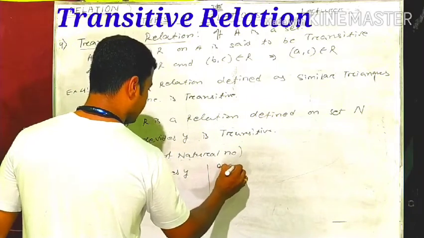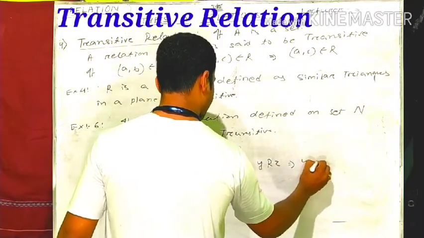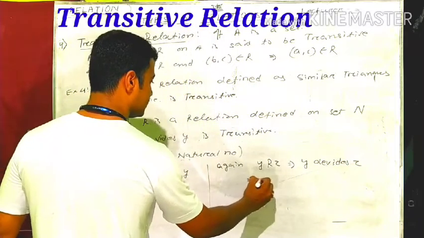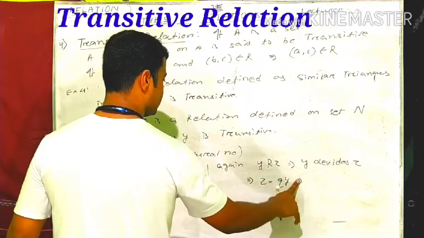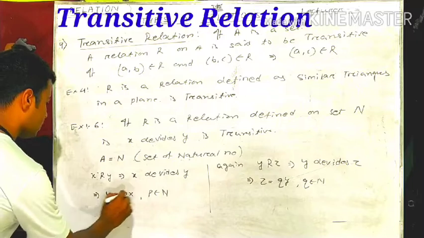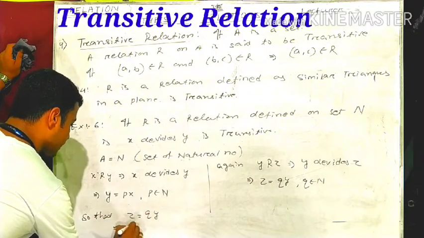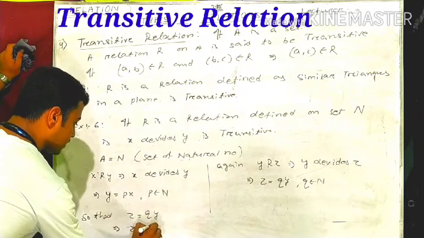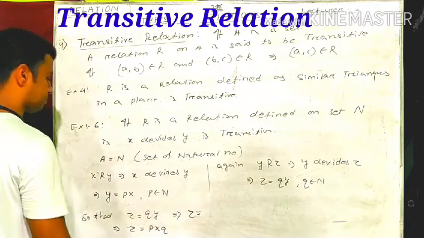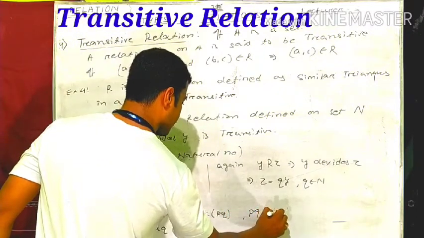Again, y is related to z, that implies y divides z, that implies z = qy, where q belongs to N. So here we can write y = px and z = qy. In z = qy, in place of y we can write px, that implies z = xpq, where pq belongs to the natural numbers.